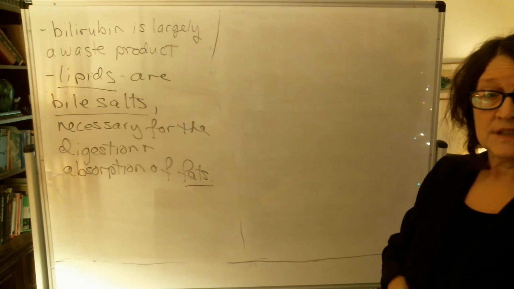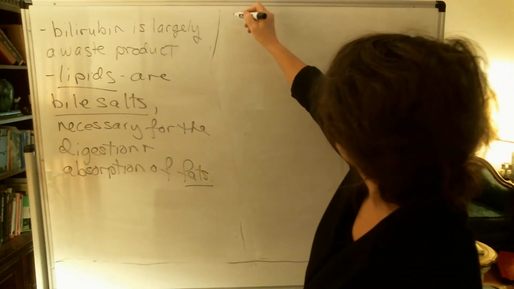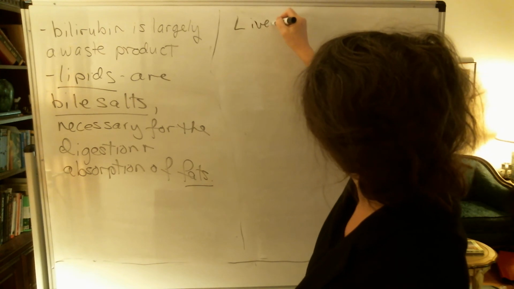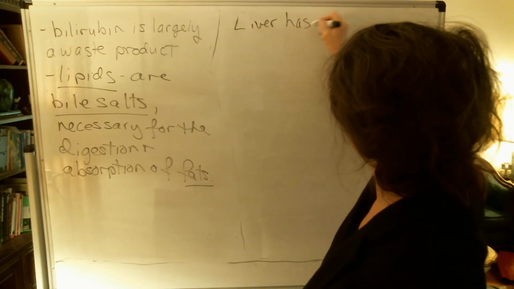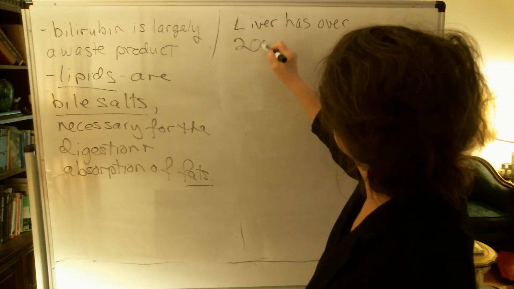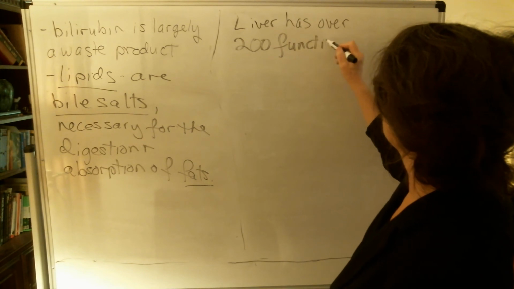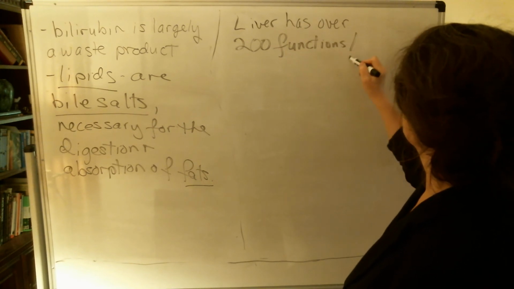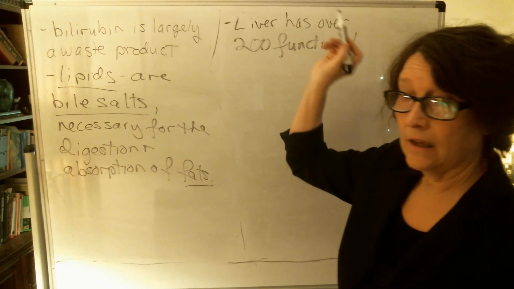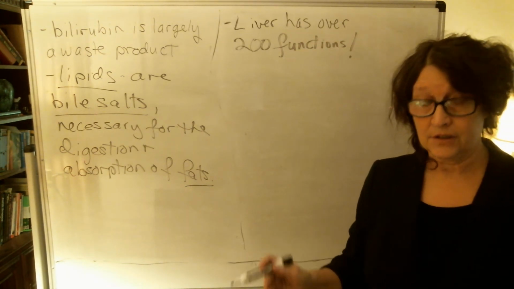So the liver is this incredibly complex organ. The liver has over 200 functions. We could easily have a course on the liver alone and have plenty to say.